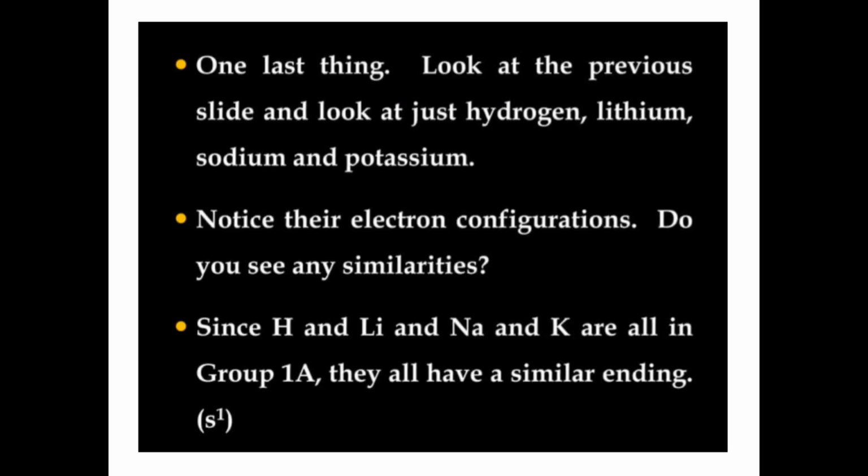So they are ending with s1 each. That means they belong to group 1A, because they have a similar ending. That means they have one valence electron in the outermost shell. So we can use that to place elements in groups and periods, in groups generally. Their valence electrons are used to place them in groups. Since they have one valence electron, that means one electron at the outermost shell, they are group 1A elements.